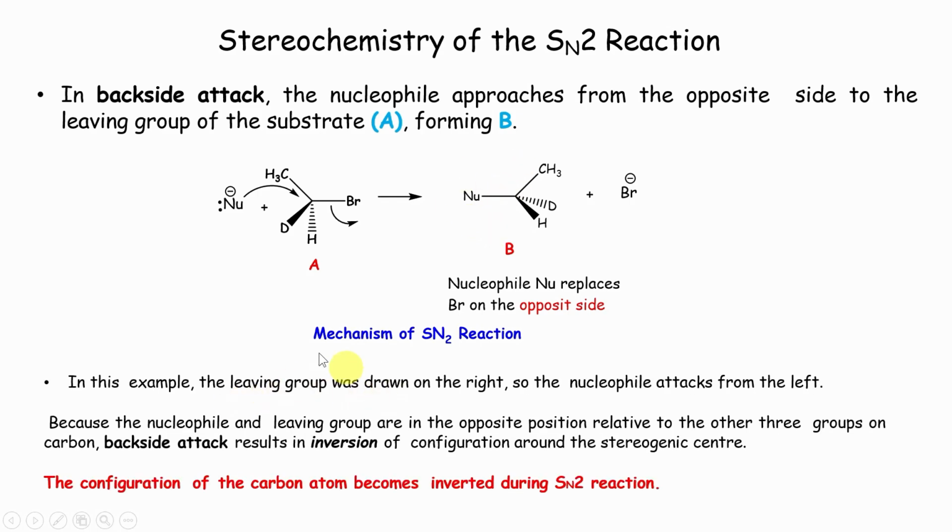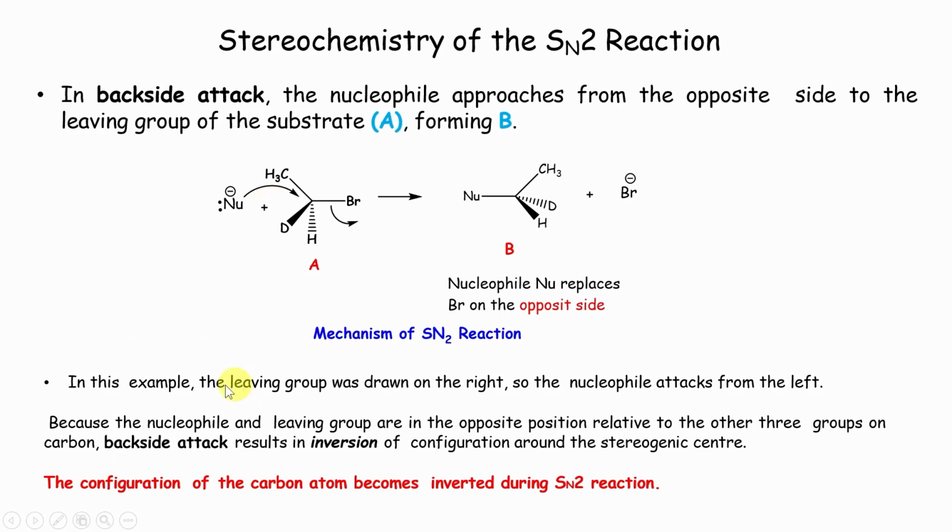The leaving group was drawn on the right in this equation, so the nucleophile attacks from the left side, because the nucleophile and the leaving group are in opposite positions relative to the other three groups. Here it is methyl group, deuterium and hydrogen.